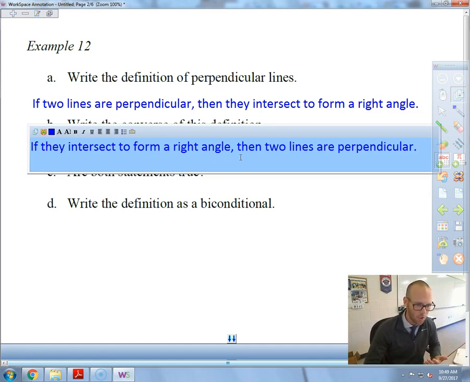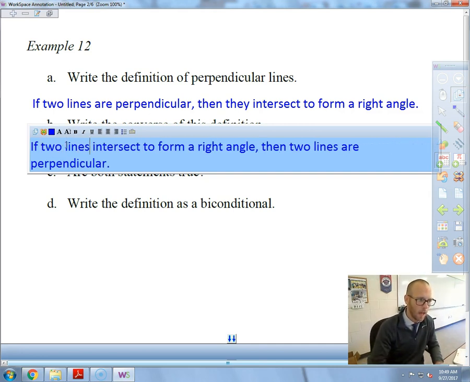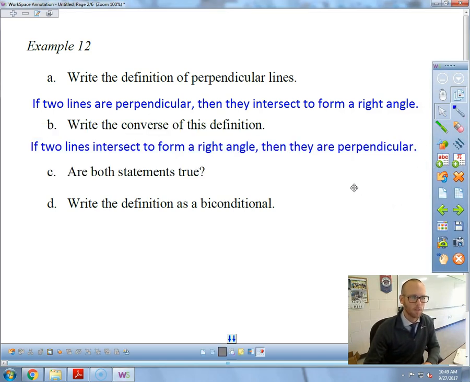What is the "they" that I'm referring to? It's the two lines, isn't it? I want to say, if two lines intersect to form a right angle, then, now what can I use here instead? They. If two lines intersect to form a right angle, then they are perpendicular. That would be the best way to write that converse.